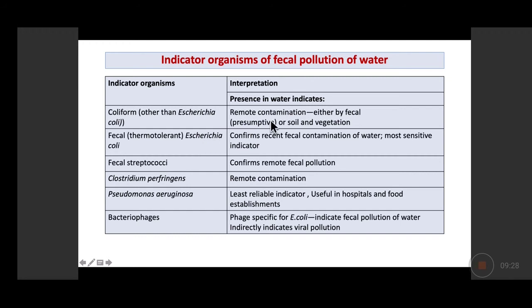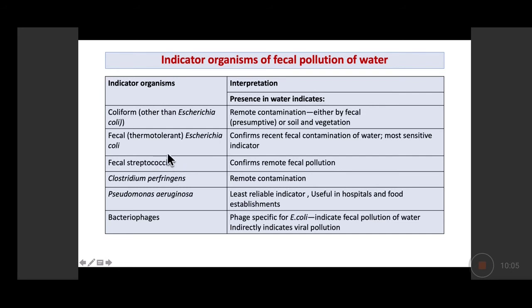So if they are present, then it means that it is a presumptive pollution or contamination, and it might not be recent. It is a remote contamination. So if there is a recent fecal contamination of water, then fecal Escherichia coli, which is a thermotolerant Escherichia coli, should be present, and it is the most sensitive indicator. Then there are other organisms such as fecal streptococci, which also confirm remote fecal pollution.